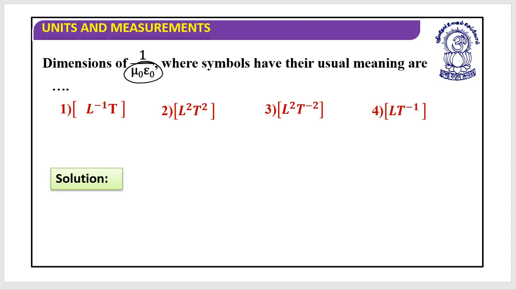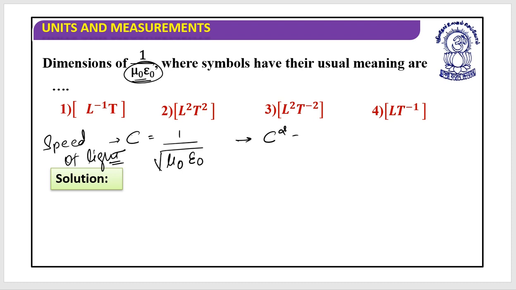Yes, so let's look at this question. This is mu naught into epsilon naught. In 12th class, in electromagnetic waves, you have a relation like this: c is equal to 1 upon under root of mu naught into epsilon naught, where c is the speed of light. What I require is 1 by mu naught epsilon naught, so I should square this on both sides.